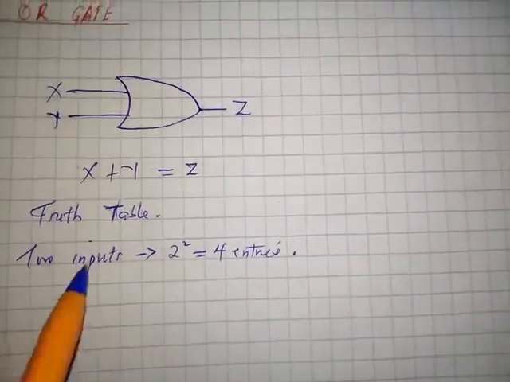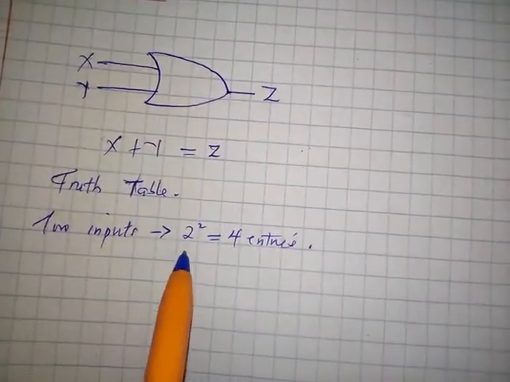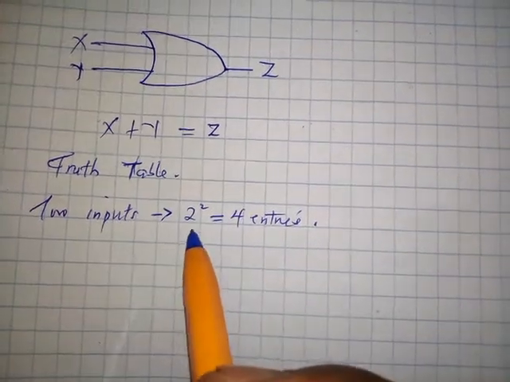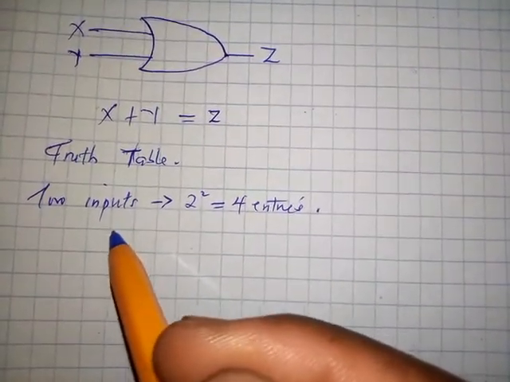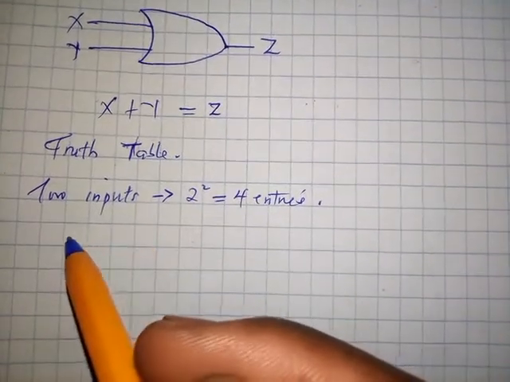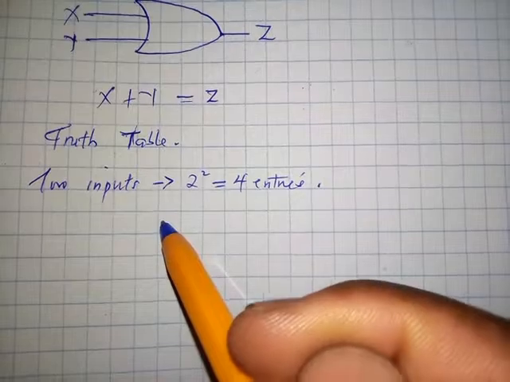You can see we have two inputs, and I have written 2 raised to power 2. Why? The number of entries in the table is 2 raised to power n.